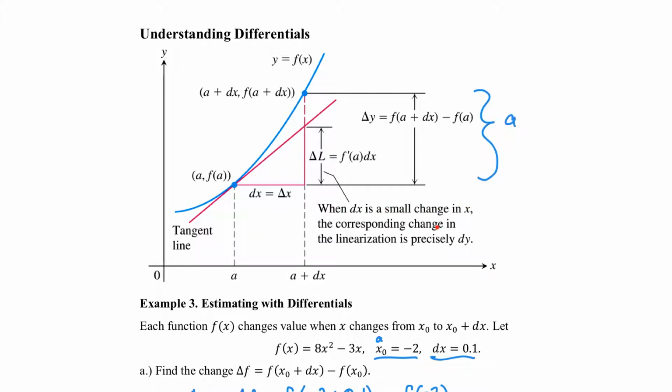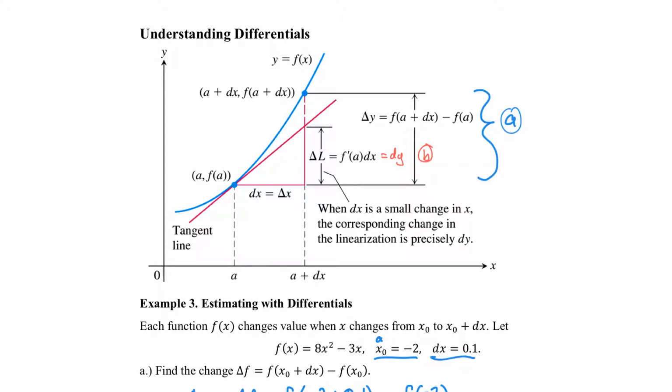The corresponding change in the linearization is precisely dy. So what does that mean? Look at this: delta L is equal to f prime of a dx. In other words, it's just a notational thing. This is just another way of finding the differential dy. So this is what we computed in b, and we had already figured a right there.